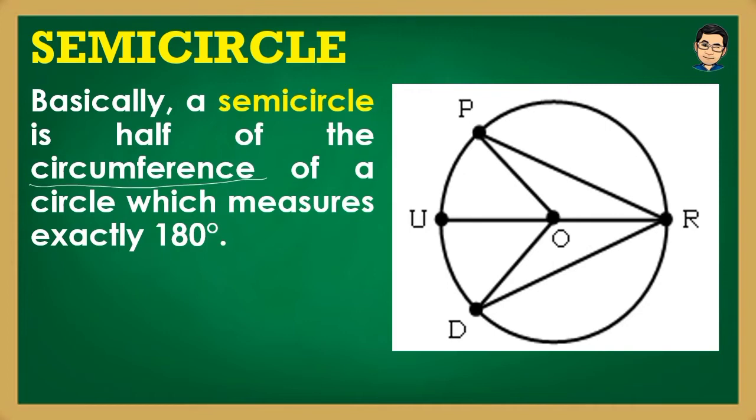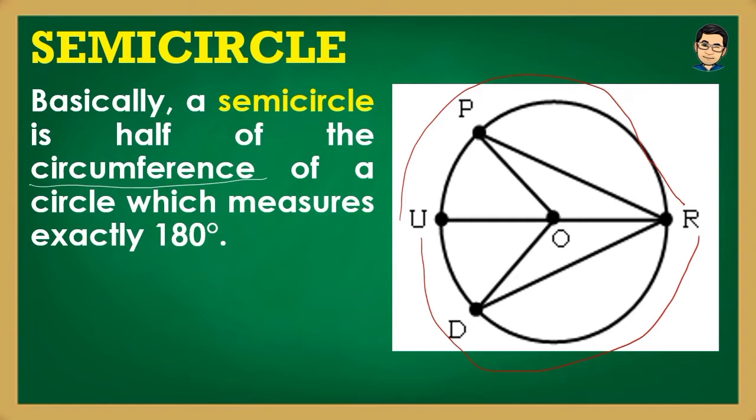Minimeasure din po yung circumference ng circle. Meron din po tayong formula dyan, which is C equals 2 pi r or pi d, where pi is approximately equal to 3.14, r is radius, and d is the diameter. And then, to identify the semicircles on the given circle, ito po yan, UPR, and then yung sa lower portion, UDR.